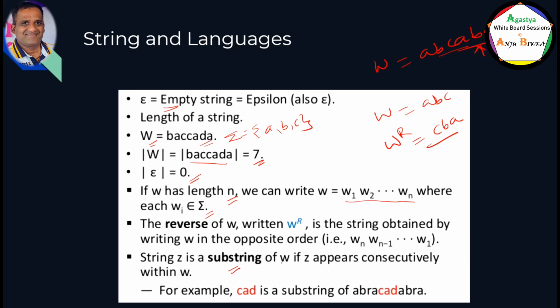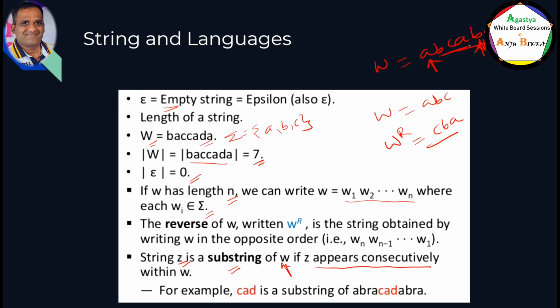We can say string Z is a substring of W if Z appears consecutively within W. It needs to appear consecutively, not A here and B there.